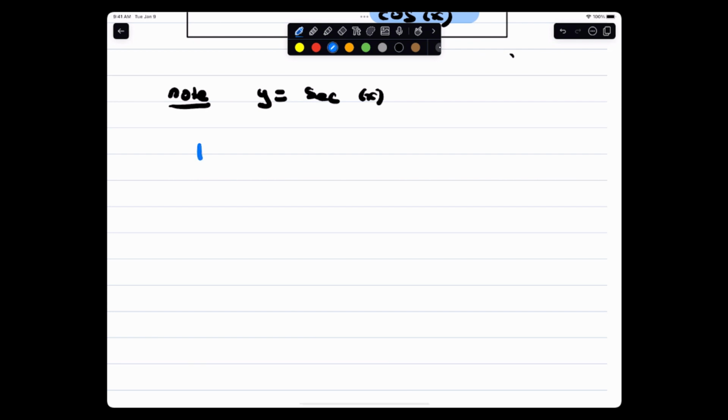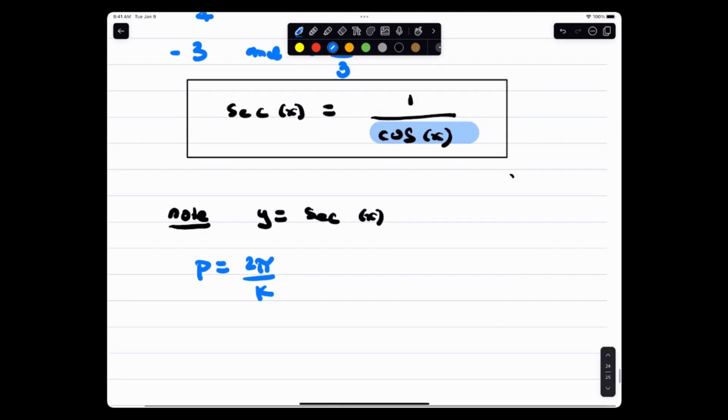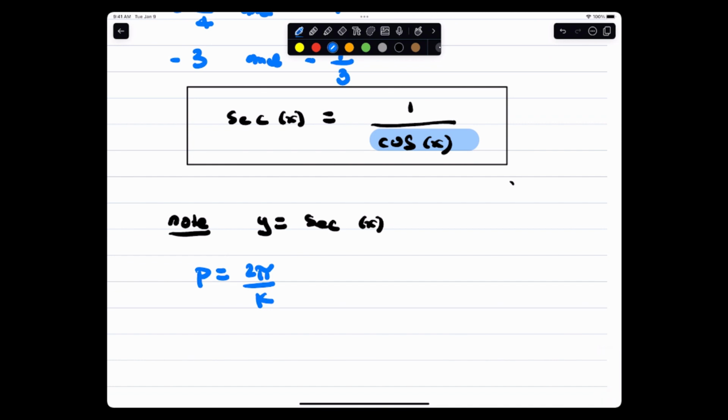What's the period for cosine? Now, this is different from yesterday. It is 2 pi over k. Is that true? So if I'm looking at cosine, that period is 2 pi. K here is 1, is that right? So it's 2 pi over 1, which is just 2 pi. So I know the period here for cosine, 2 pi.